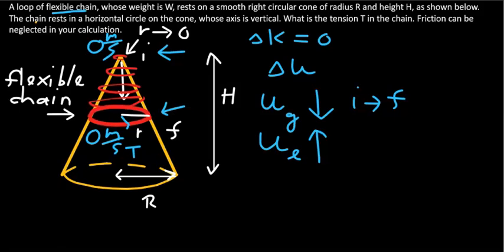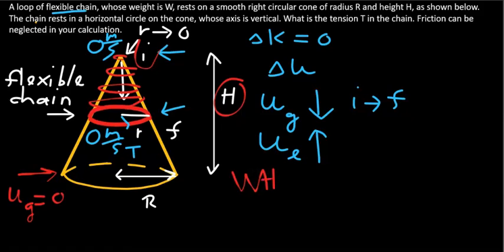In the initial state, it has only the gravitational potential energy. Now, if you take the gravitational potential energy at the ground to be 0, then the gravitational potential energy at the initial state is given by mass times gravity, which is the weight of this chain, times this entire height, h.